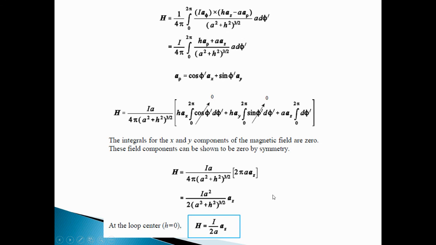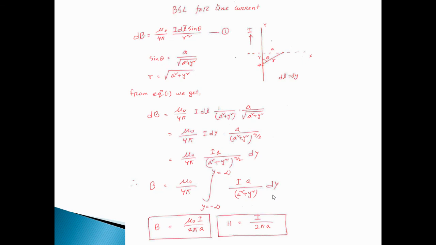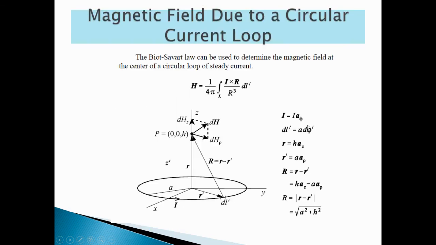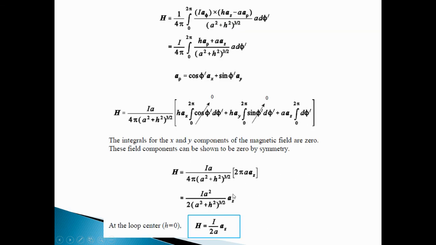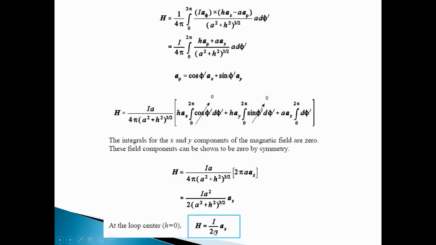It means for a circular loop current, you don't need to multiply with pi also. See the difference: for the line current, I is divided by twice pi a, but for the loop current, I is divided by twice a only. If you know the radius of the loop, then the magnetic field strength is known, and if you know the magnetic field, then you know the magnetic flux density also.